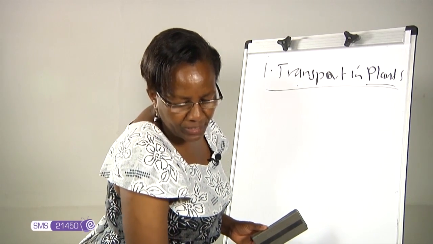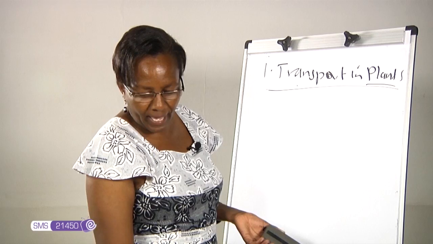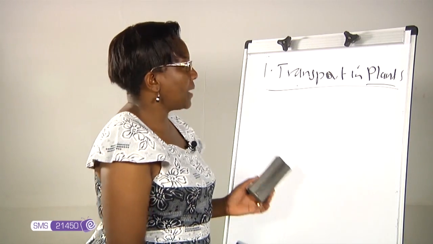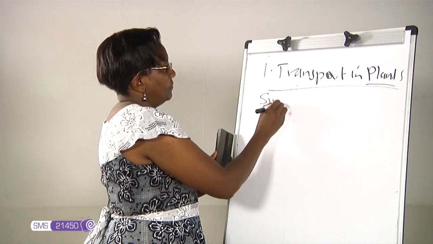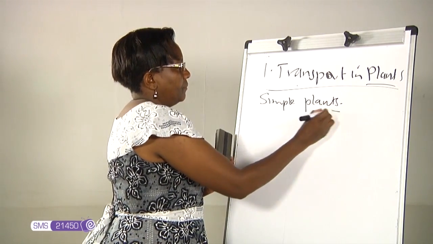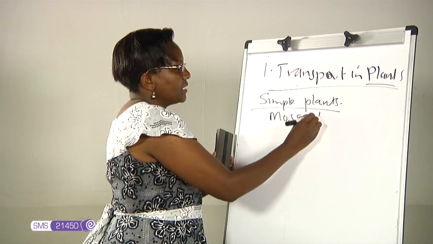So now we are going to concentrate on plants alone, and then later on we get to the animals. So we start with the simple plants. Again, in Form 1, we had the example of the moss and the liverwort.